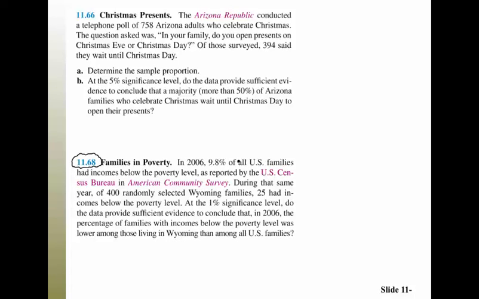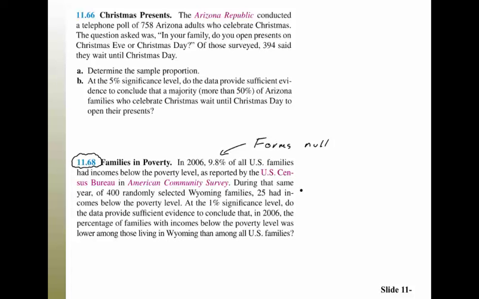So I'll interpret for you. The 9.8% is going to form our null hypothesis. Originally, we had 9.8% of U.S. families below the poverty level. So that's going to form the null. Then they selected 400 Wyoming families, and 25 had incomes below the poverty level.